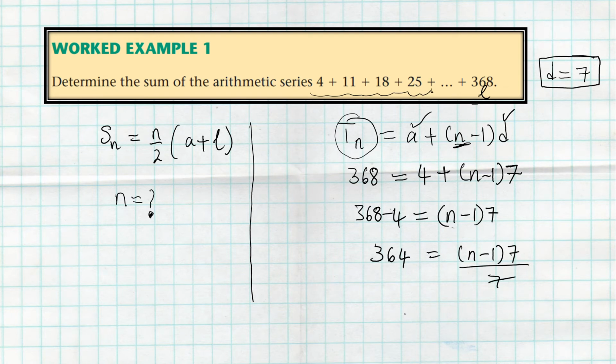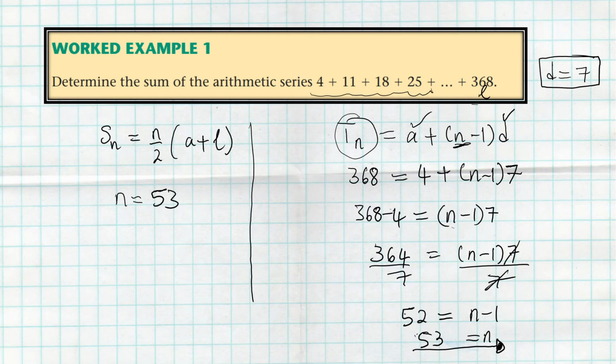I divide both sides by 7, and 364 divided by 7 gives me 52. The 7 and 7 cancel each other, I'm left with n minus 1. Then I take 1 to the other side, 52 plus 1 is 53. So there is a total of 53 terms being added together, so my n is 53.